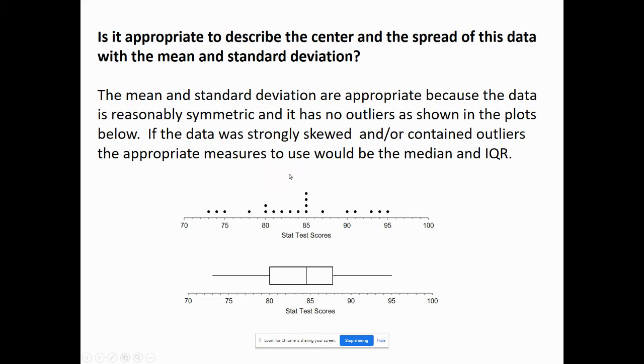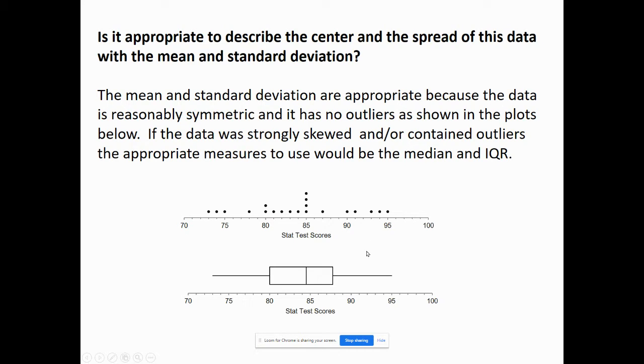So in a free response question, if you are going to state that your data is reasonably symmetric, you need a graph in order to back that up. You can't just say it's reasonably symmetric unless you were given a graph or you create one yourself. So the easiest graphs to create, if you're going to draw it just by hand, dot plots are usually pretty quick to do.